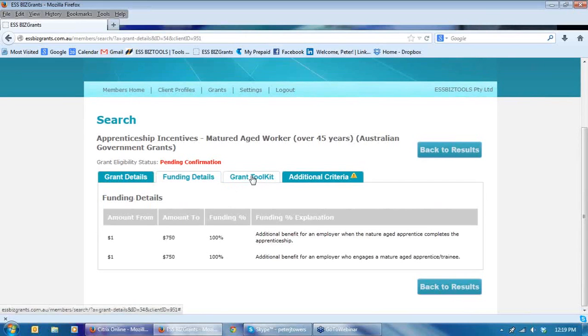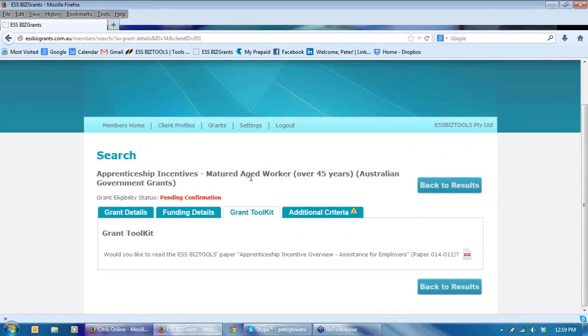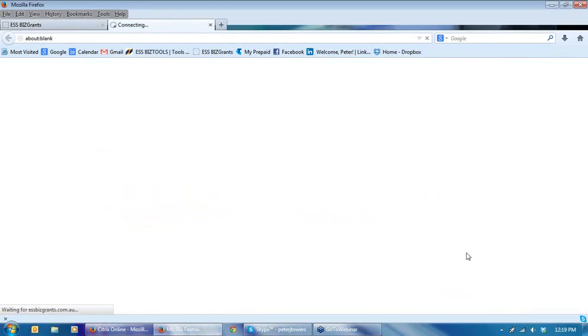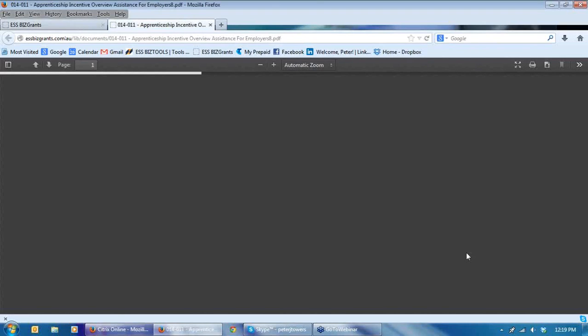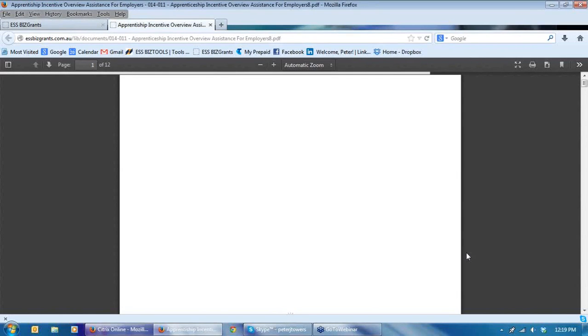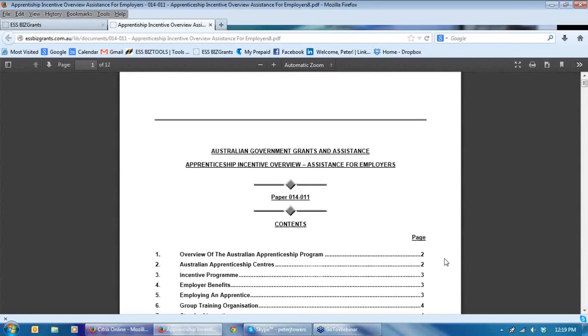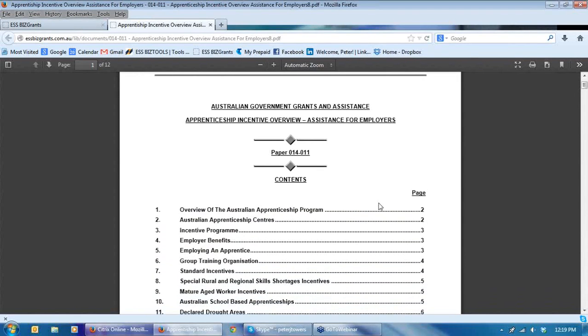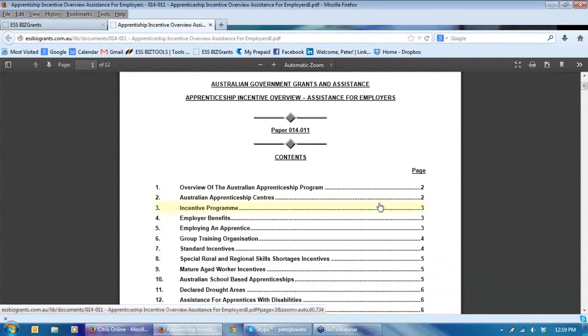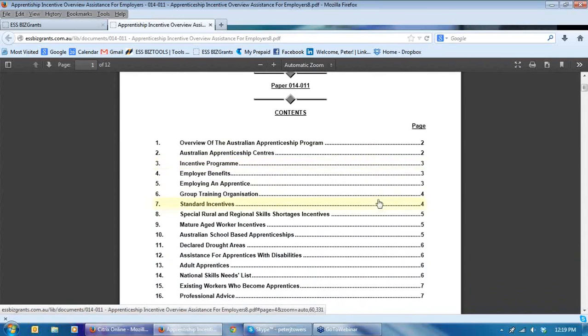If you wanted to read a bit more about it, you can go to what we call the grant toolkit, and you can bring up the paper on apprenticeship. So there's the paper out of ESS BIZTOOLS on how the Australian Apprenticeship Scheme operates. So you might want to look at that for your client.